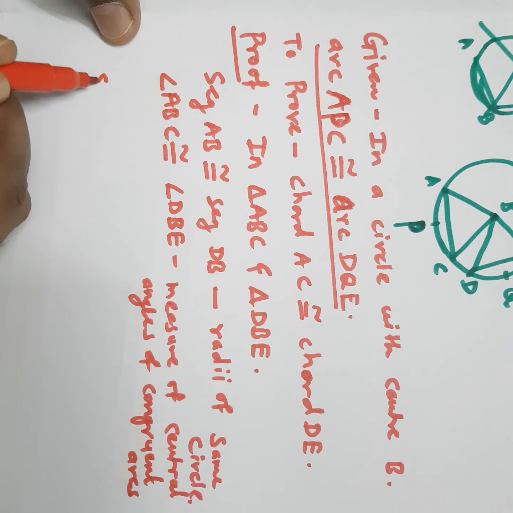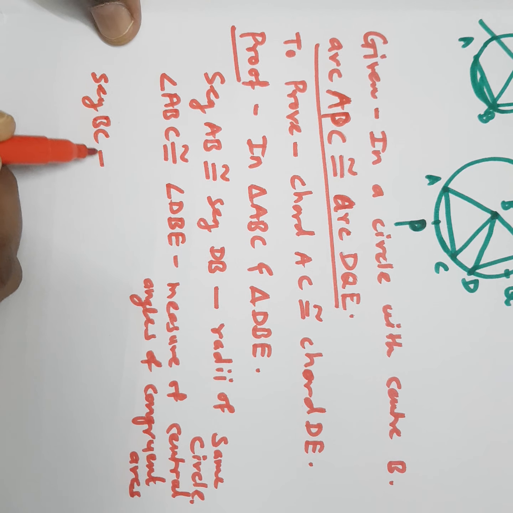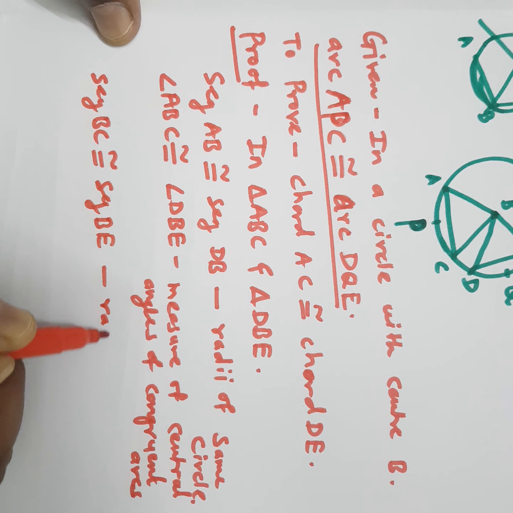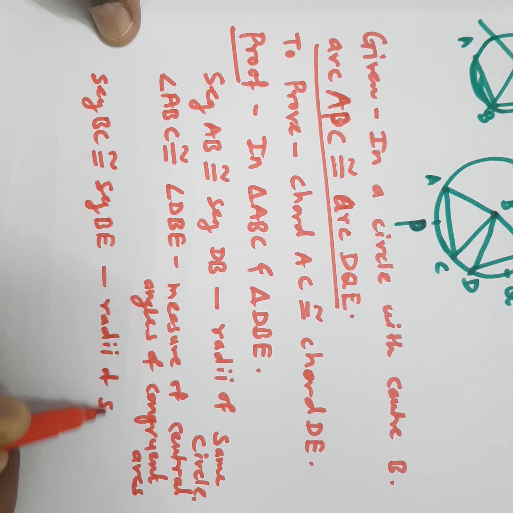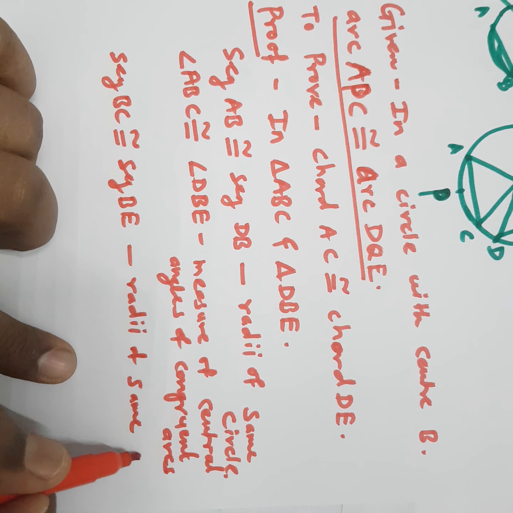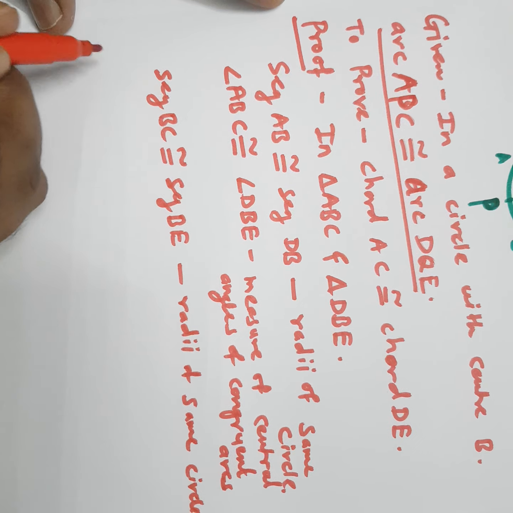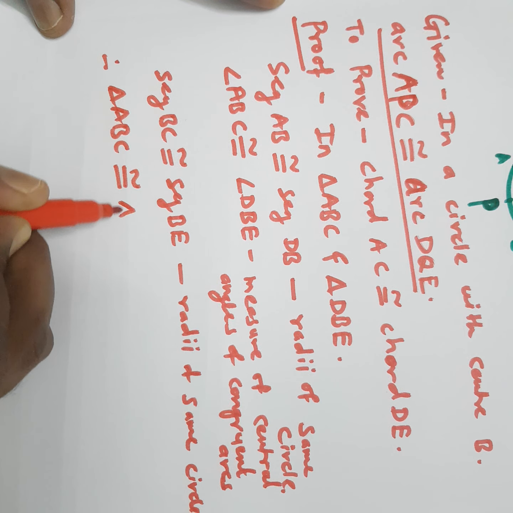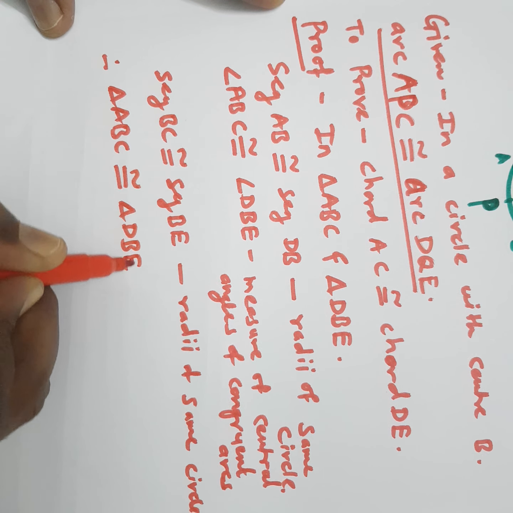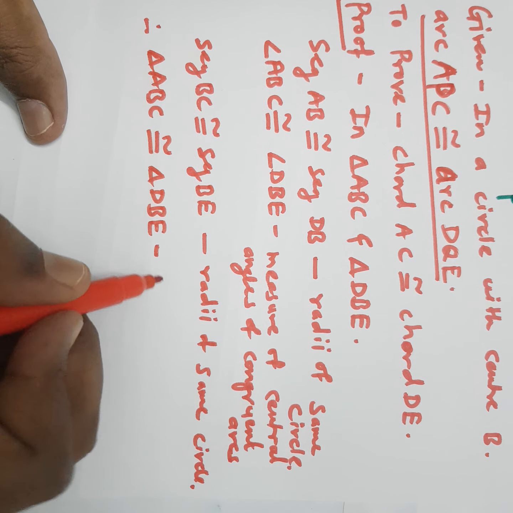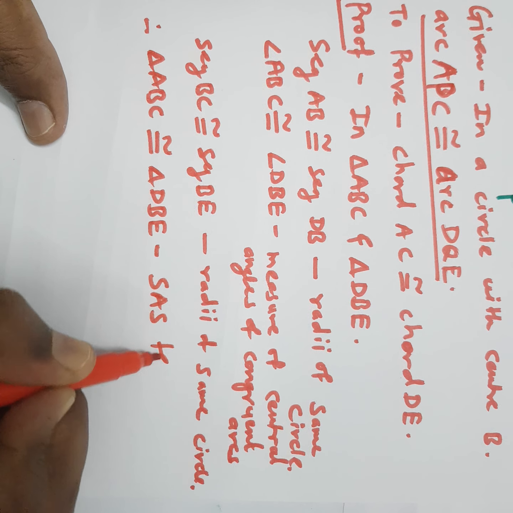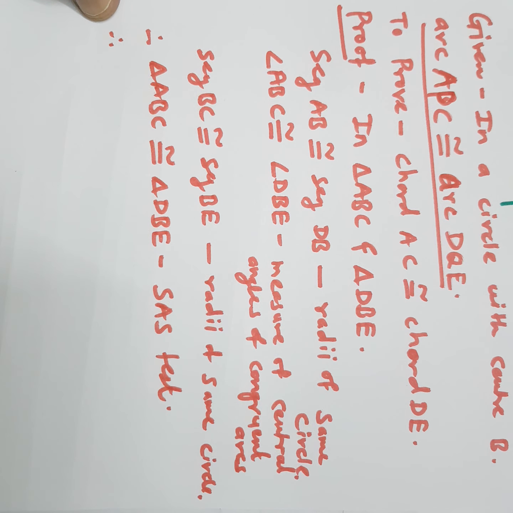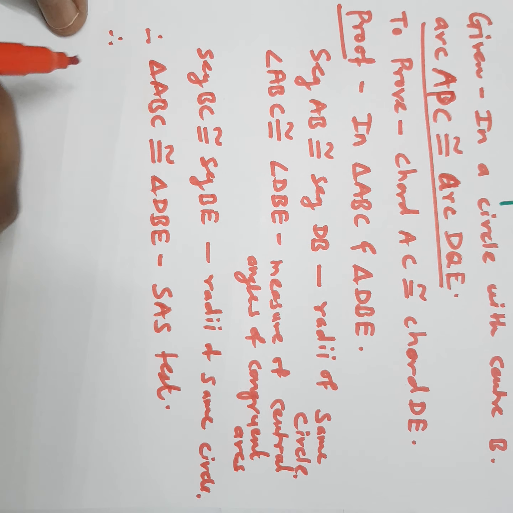Then seg BC congruent seg BE, these are also radii of the same circle. Therefore, triangle ABC congruent triangle DBE, reason is SAS test of congruency. Therefore, if two triangles are congruent, then their corresponding sides are congruent.